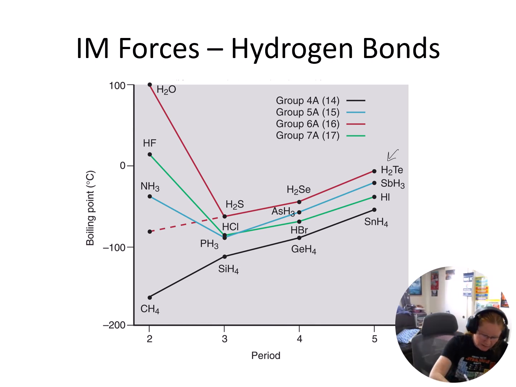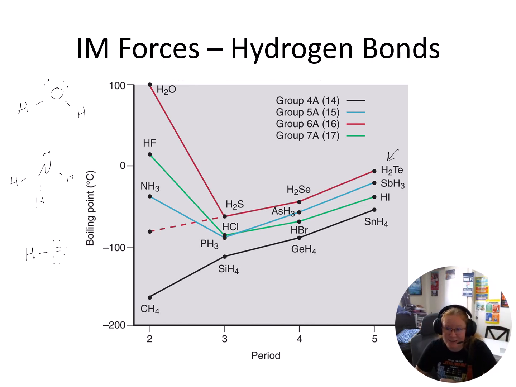If we look at water, what's cool about water? Well, I have 2 and 2. I have 2 hydrogens and 2 lone pairs. So I can get 4 simultaneous hydrogen bonds to water. But if I look at ammonia, and I look at hydrogen fluoride, I have an unequal mix of hydrogens and lone pairs.